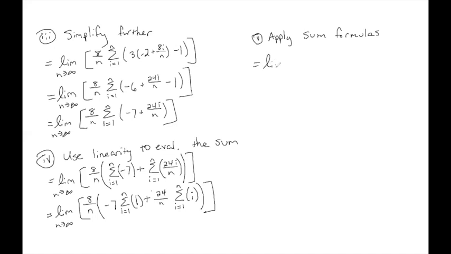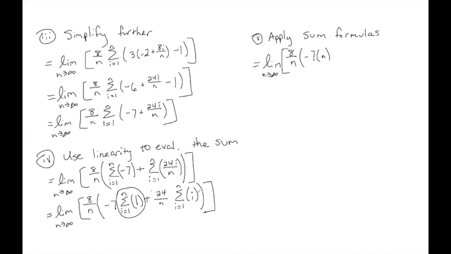Okay, so I still have equals limit as n goes to infinity, big bracket, 8 over n. Now I have the sum from 1 to n of 1. I know what that is by my formula. I have -7 times n. Remember, a sum from 1 to n of 1 is just n.